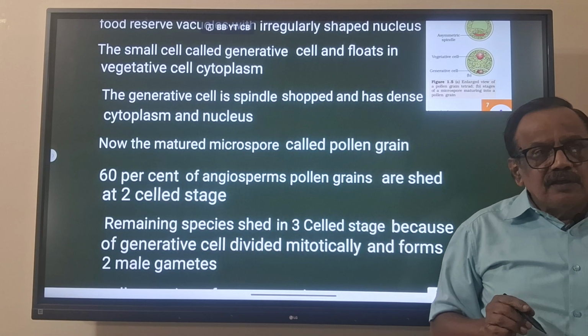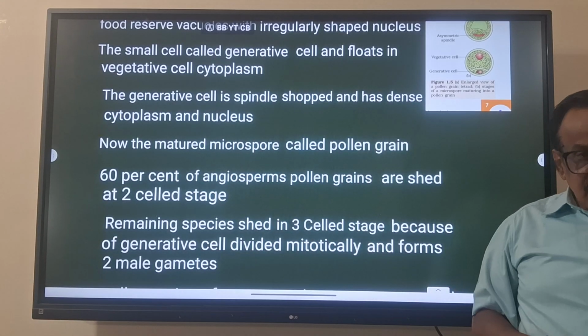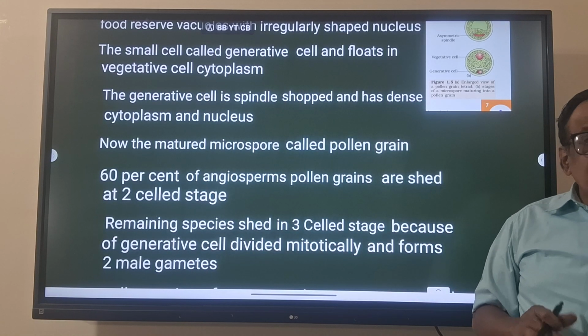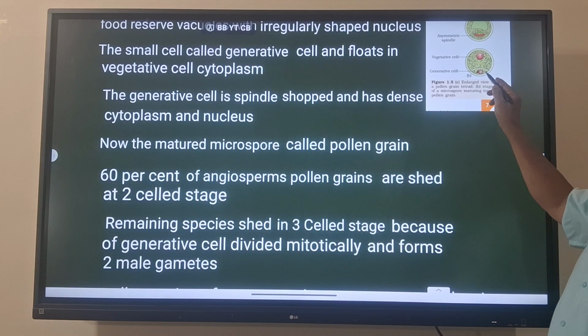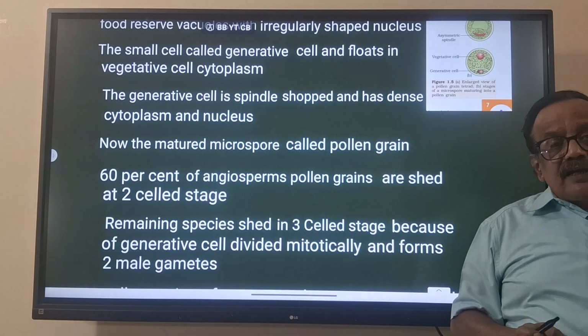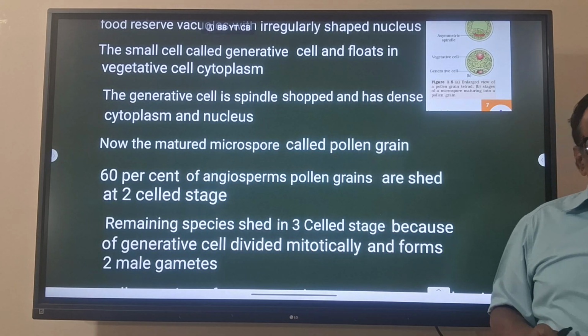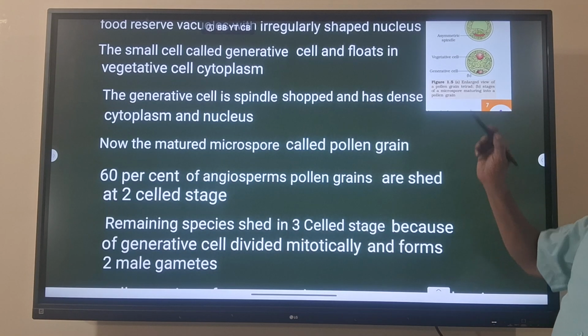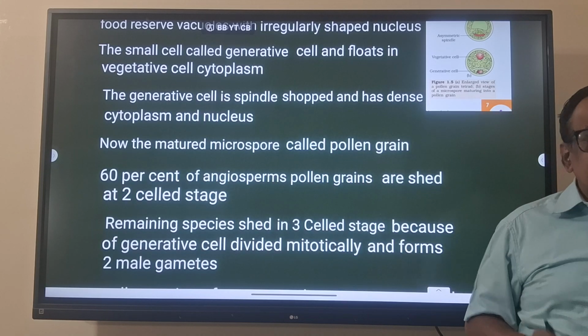The generative cell takes one more mitotic cell division and forms two male gametes. Whatever the generative cell is there, generative cell means which is generating male gametes. So male gametes are formed by the mitotic division of the generative cell.